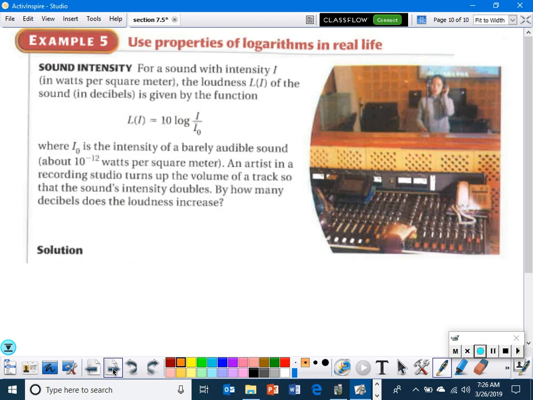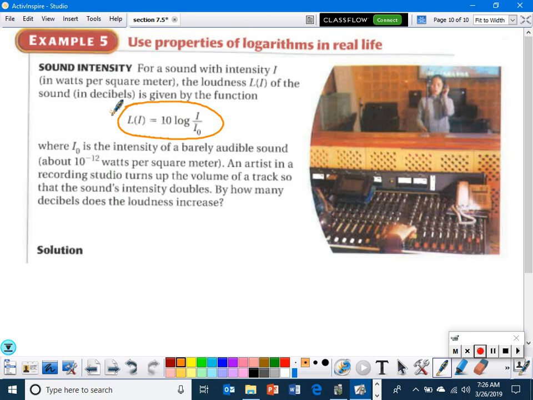For a sound with intensity I in watts per square meter, the loudness of the sound in decibels is given by this formula, where I sub 0 is the intensity of a barely audible sound, which is about 10 to the negative 12 watts per square meter. An artist in a recording studio turns up the volume of a track so that the sound intensity doubles. By how many decibels does the loudness increase?